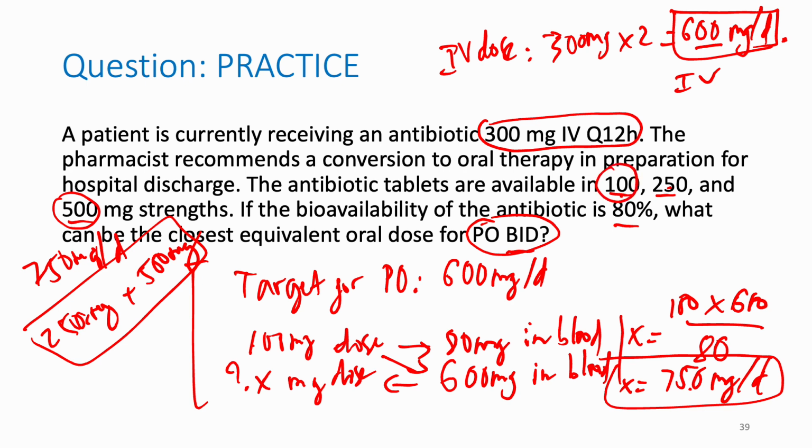For 100 milligram, you can do another possibility, like 4 tablets. If you take 4 tablets 2 times a day, you have 400 milligram, and 2 times a day is about 800 milligram. So in this case, this one seems the closest equivalent dose technically based on the calculation.